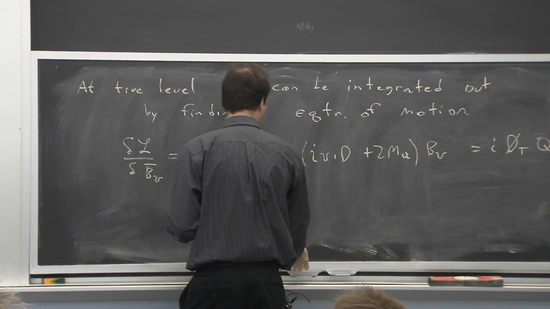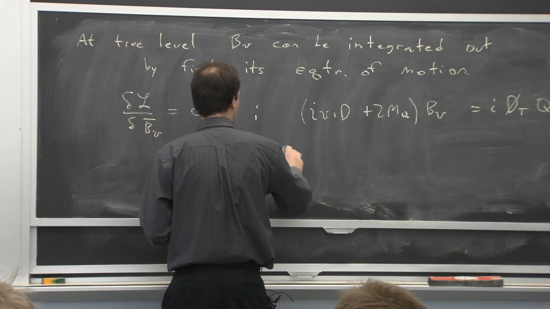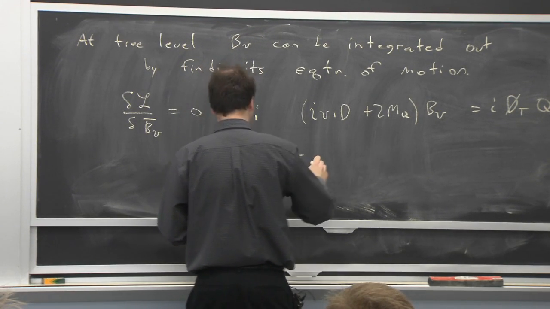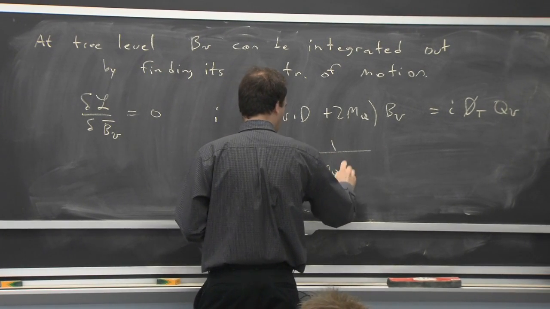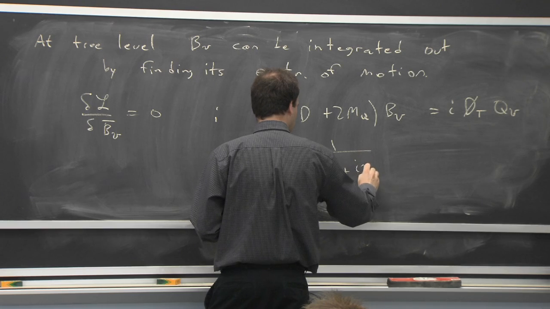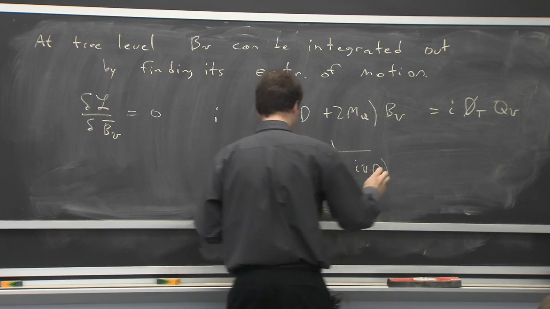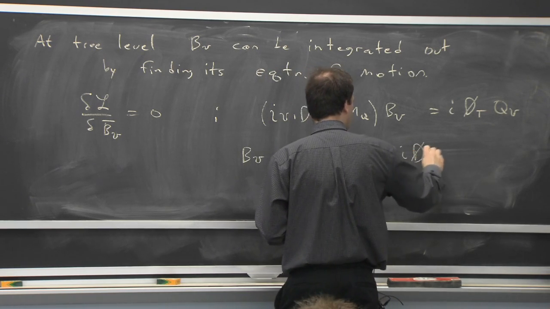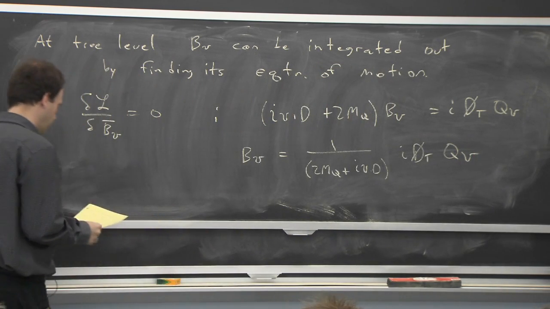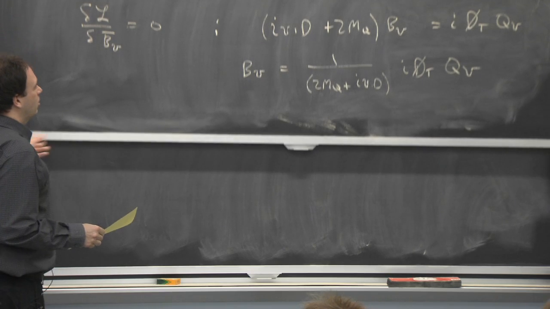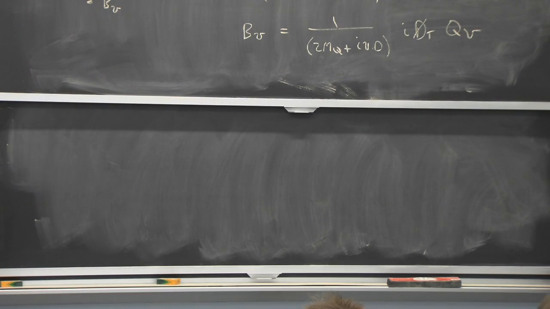And we solve this formally for BV by just inverting this operator, to get that equation. And then we can plug that equation back into this equation.